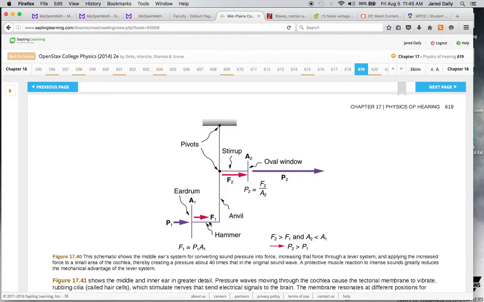And as it hits your eardrum, it applies a force to this bone that is called the hammer, which is touching the eardrum. So the pressure on the eardrum creates a force on the hammer, which creates a torque on the anvil, which is another bone. And that torque creates a force on the stirrup, which is another bone.